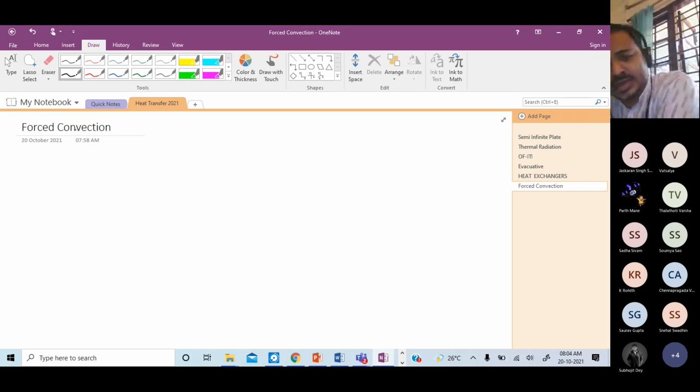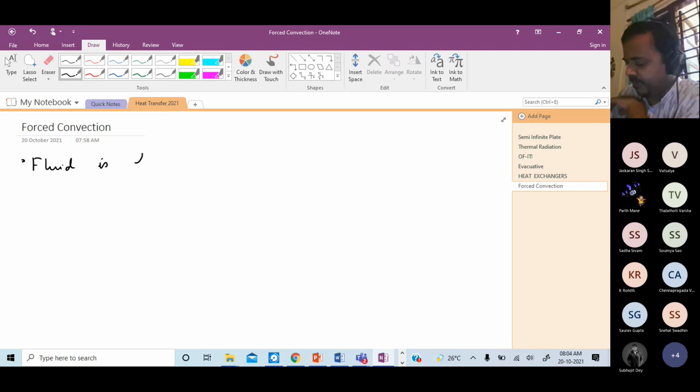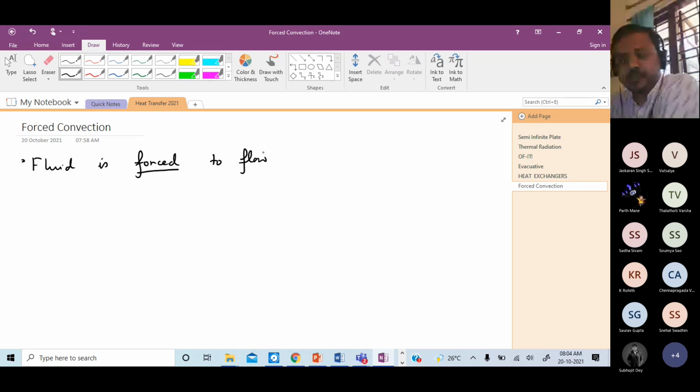Forced convection is when the fluid is, quote unquote, forced to flow, which means you need an external agent like a pump, a fan, or a blower to make the fluid flow.